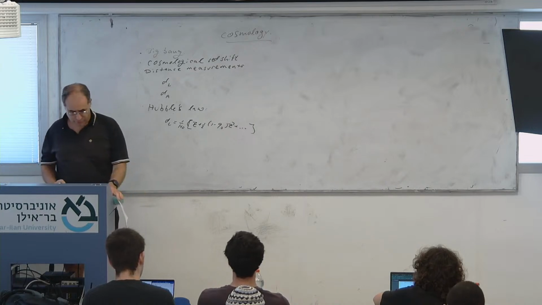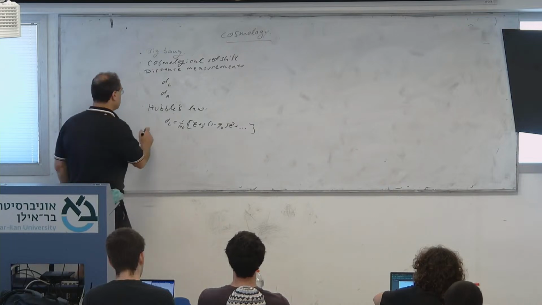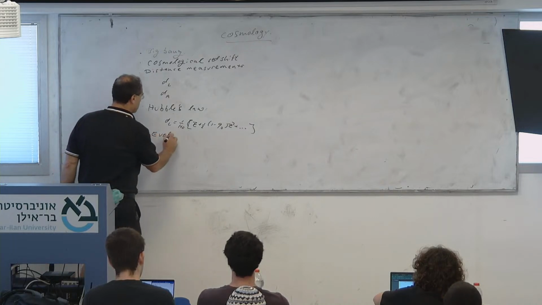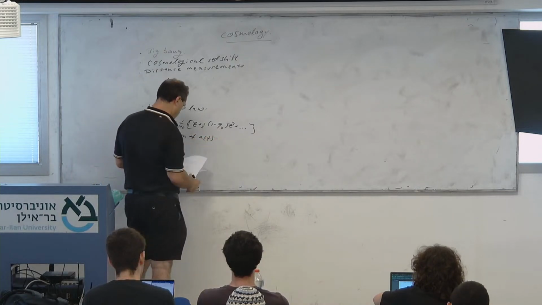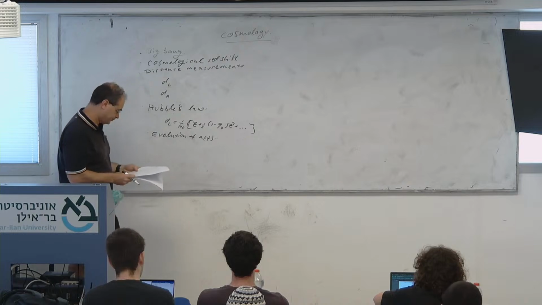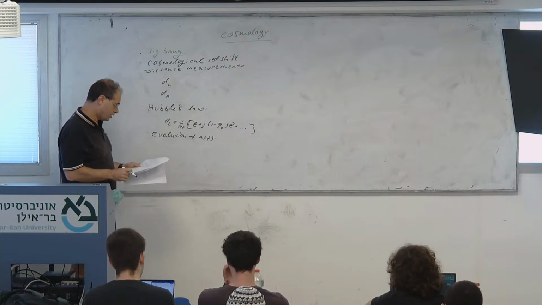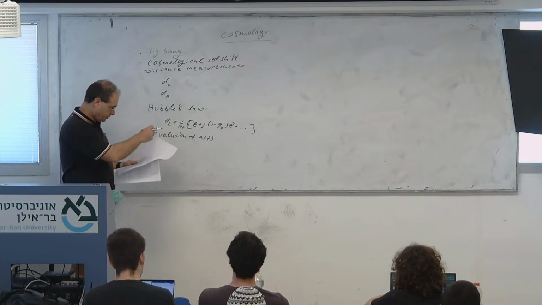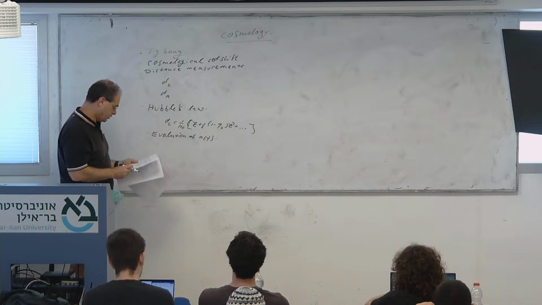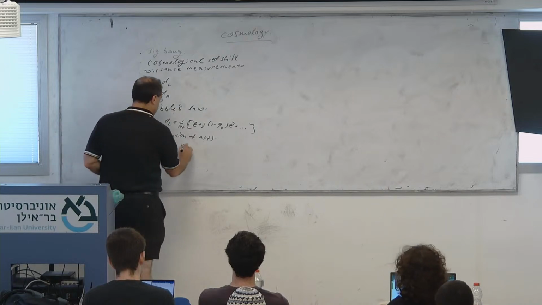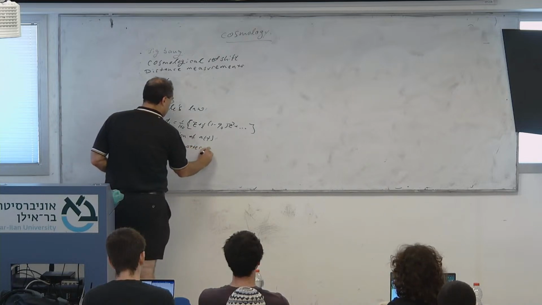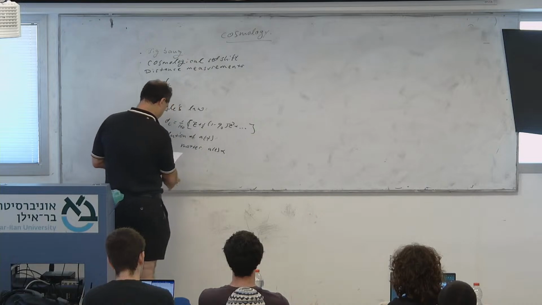And we spoke about the evolution of the scale factor. We saw that it depends on which type of universe we have. For a matter-dominated universe, a(t) goes as t to the power 2/3.